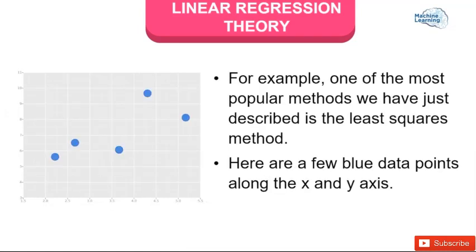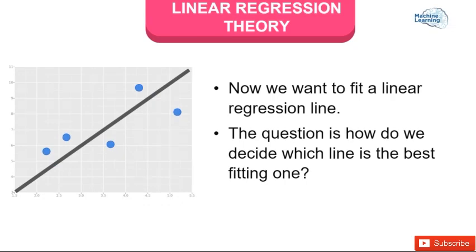For example, one of the most popular methods that I just described is the least squares method. Here are a few blue data points along the X and Y axis. So now we want to fit a linear regression line. So the question then becomes, how do we decide which line is the best fitting one?